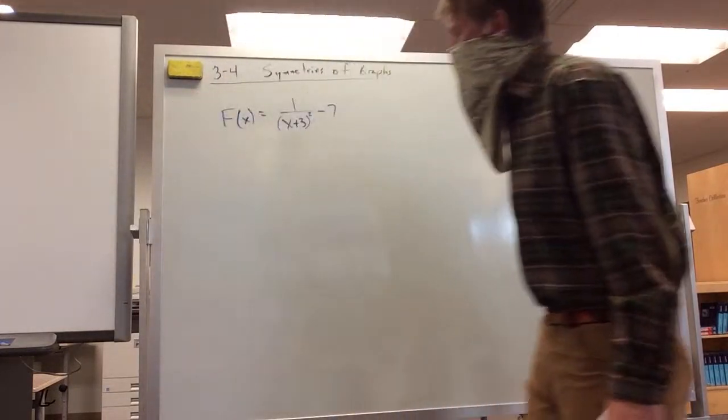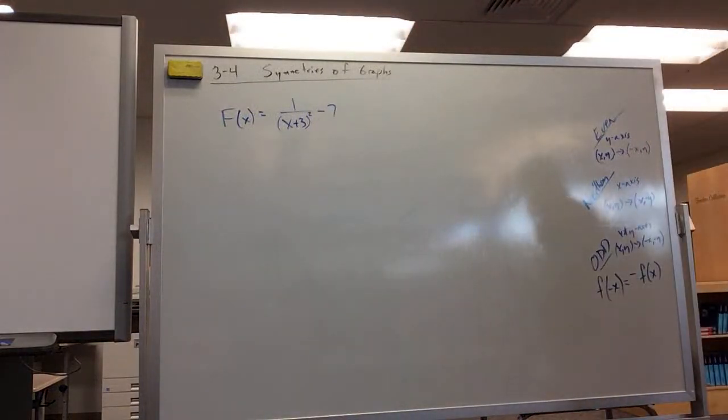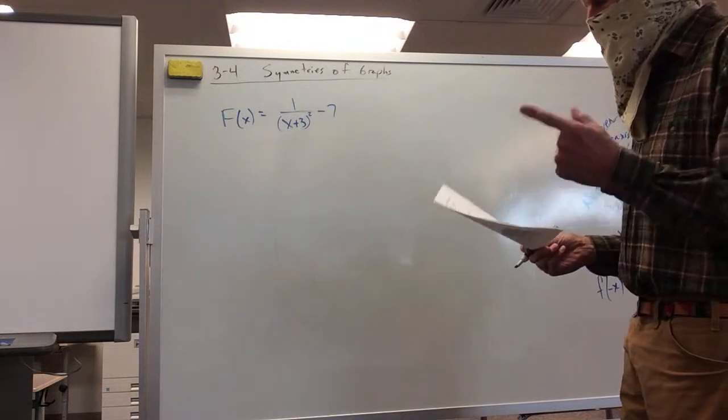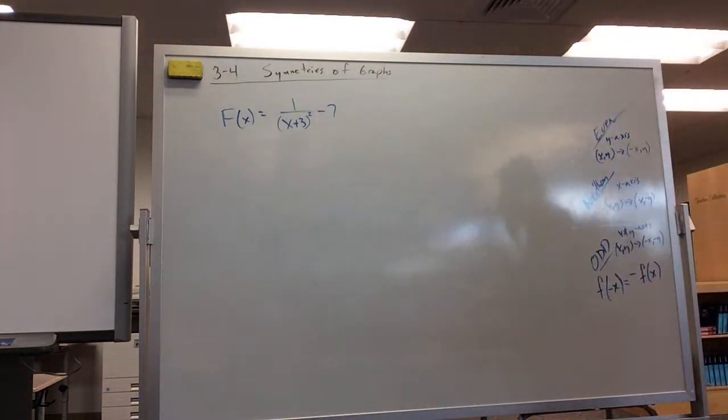What's the parent function? K over x squared. 1 over x squared, yeah, the k is equal to 1. So we have to consider this function, we have to give equations for the asymptotes of the graph and describe any lines or points of symmetry.